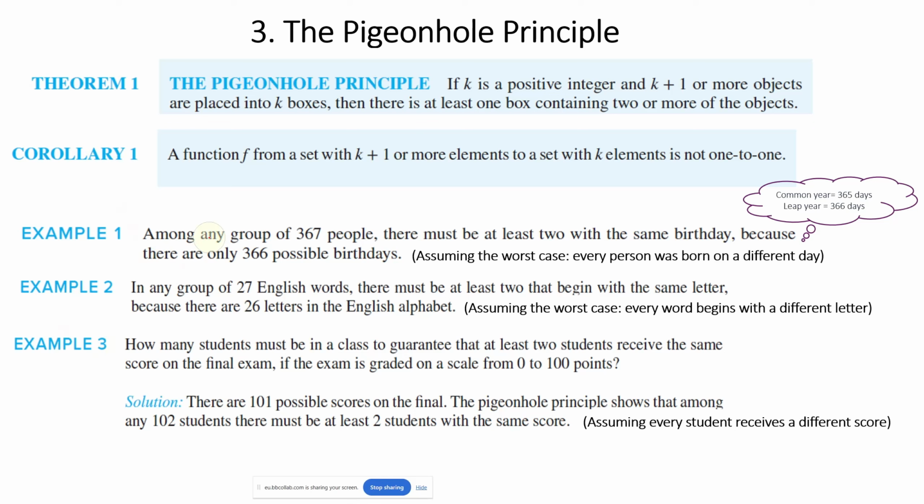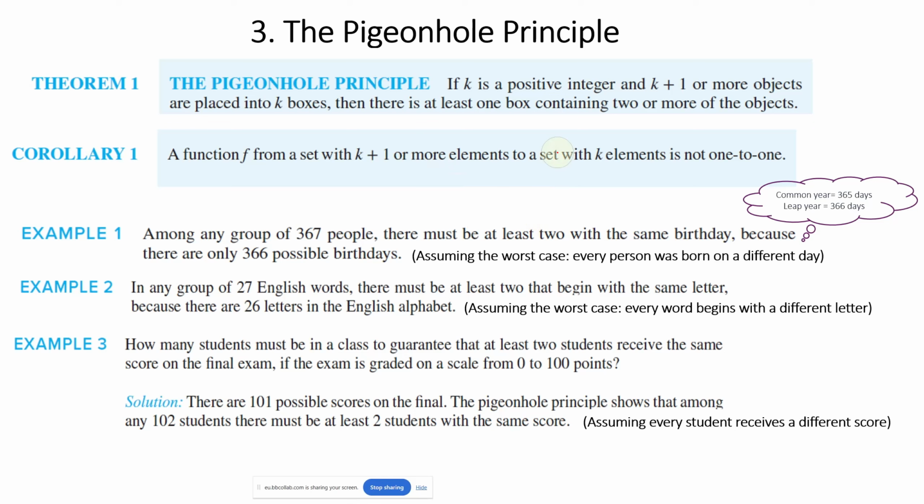Another example is that in any group of 27 English words, there must be at least 2 that begin with the same letter. Now, if I have 27 English words, the first word starts with A, the second word starts with B, and so on. This is the worst case scenario, because I might have A and A and A, multiple, whatever.